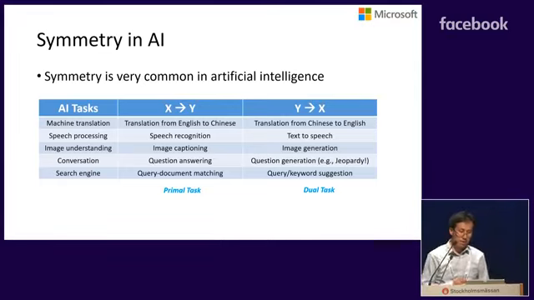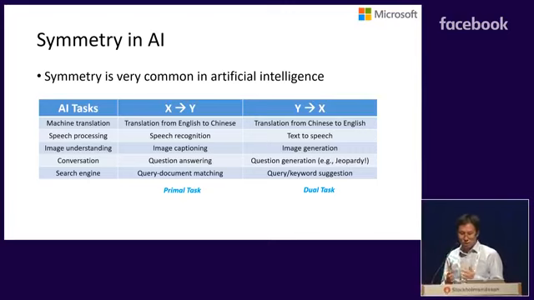In image understanding, image captioning and image generation conditioned on a given text sequence are symmetric. In conversation, question answering and question generation are symmetric. And in search engines, the task of search, that is matching web pages for a given query, and the task of keyword suggestion, that means matching keywords for a given advertisement, are symmetric.